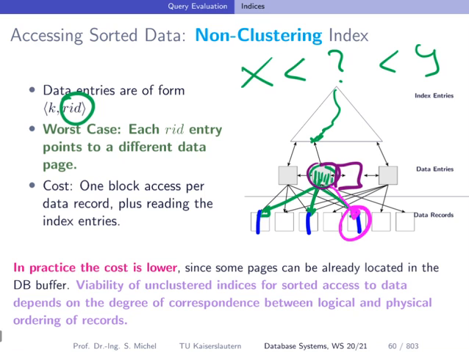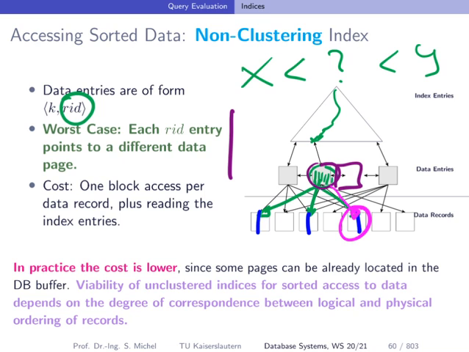And if we are lucky and this page is still in a buffer, then we don't have to go to disk and read it, right? But in the worst case, this is exactly what's happening. You have one block to read for one data entry. And that's, of course, for one data record. And that's, of course, not doable if these ranges are large.